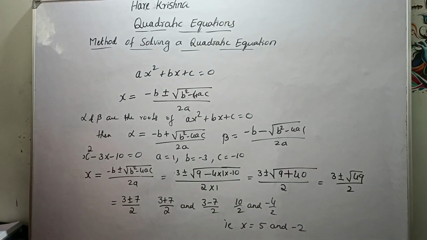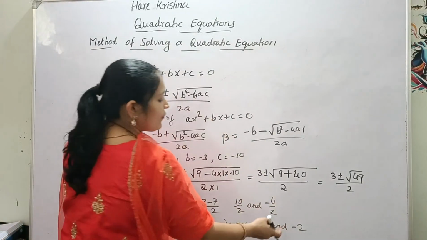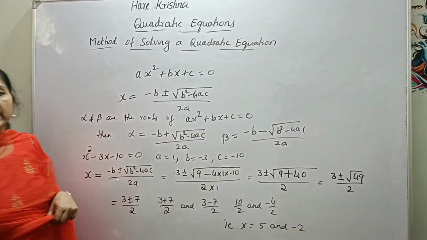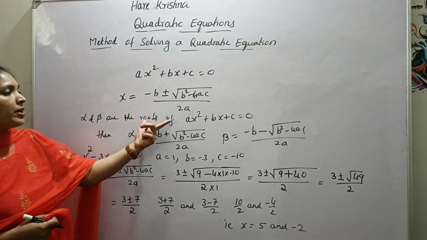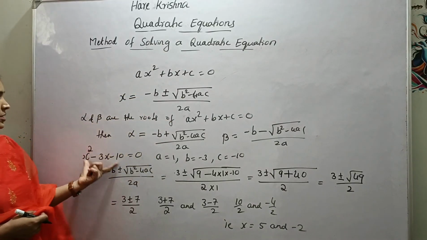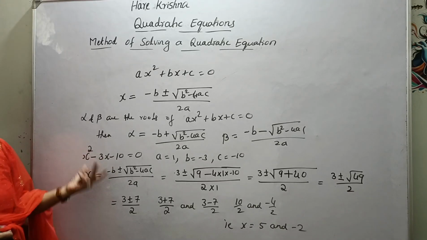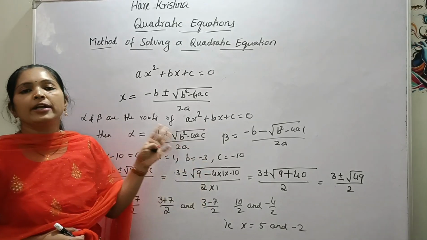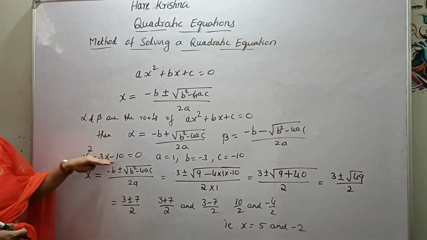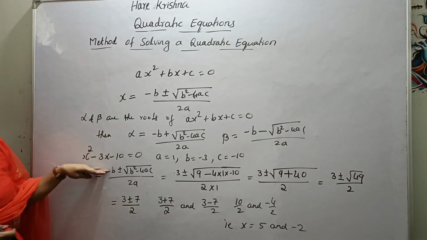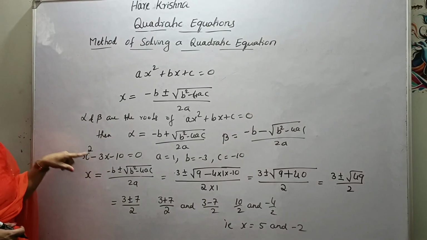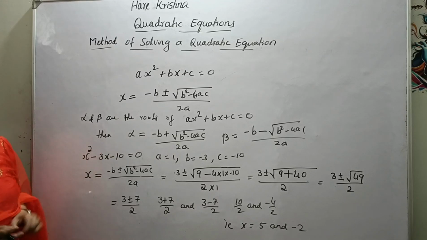What are the roots? 5 and minus 2 are the roots of the given quadratic equation. That is, x is equal to 5 and minus 2 are the solution of the given quadratic equation x square minus 3x minus 10 is equal to 0.